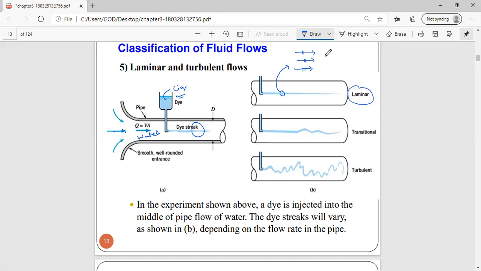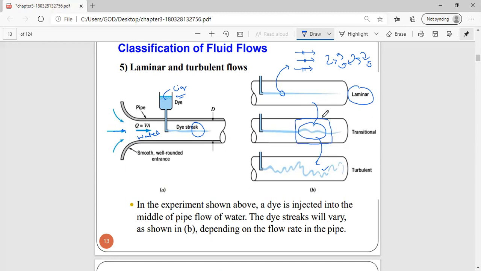If the fluid particles are not parallel to each other, very zigzag, random in nature, then we call it turbulent. Transition is the phase in which the fluid changes from laminar to turbulent; the intermediate phase is called transition.